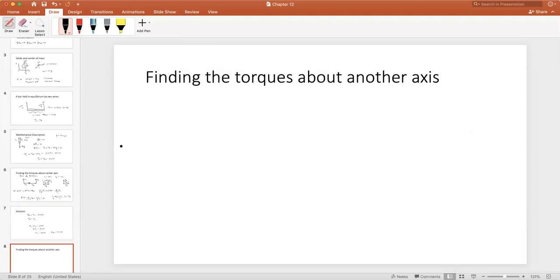So we could find the torque about any axis of our system. As long as it's in static equilibrium, it's not going to rotate at all about any point. And there's going to be another point I want to make after this about this. But let's, instead of choosing our center of mass, we'll choose our axis to be on the left.